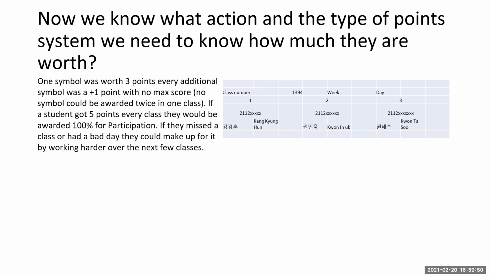So I decided that that one thing was worth 3 points. And every other action that you took was worth another +1 point. If you got 5 points every class, you'd be getting 100% of the participation grade.